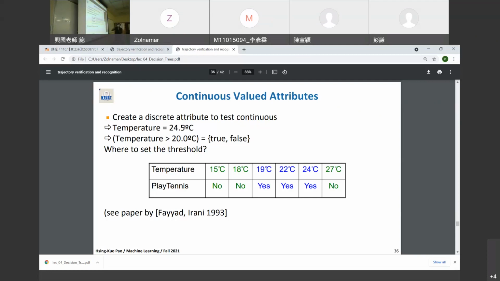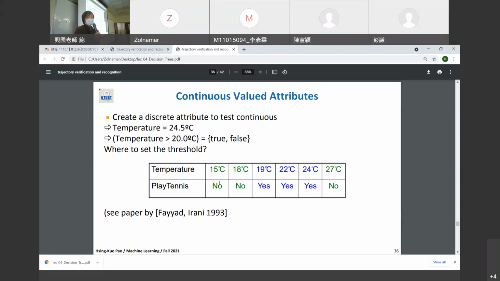If we talk about binary split and consider this case, given this case, can we say how to decide the cut point? Think about the temperature as one of the attributes.